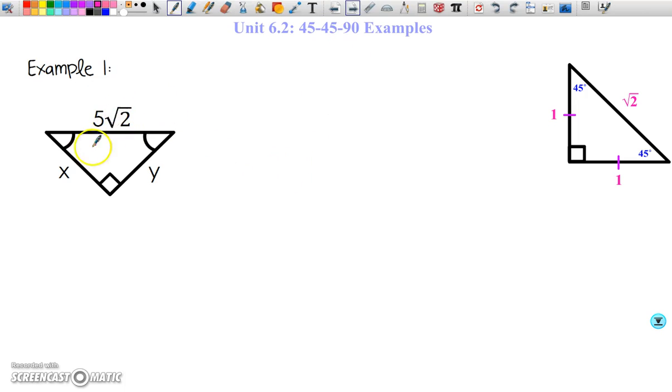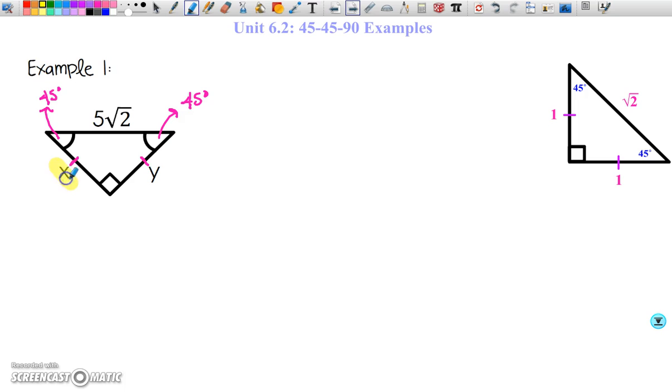So here's your first example. So here's your triangle. And how do we know that this is isosceles? Well, these 2 are marked as congruent, which automatically makes these the same. So this makes this angle right here 45 degrees, and this angle right here will also be 45 degrees. So here's what we need to do. We need to relate our sides.